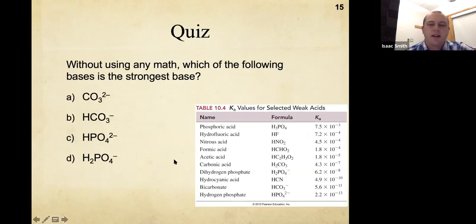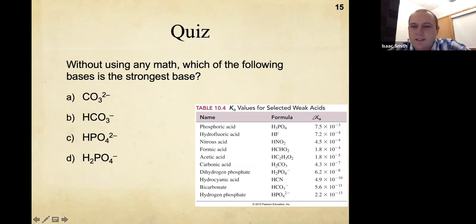All right, go ahead and try this question here. Okay, so this question says, without using any math, which of the following bases is the strongest base? Of course, on a test, I wouldn't know if you used math or not, so you could answer this however you wanted. On a test, I'd probably just say which of the following bases is the strongest base.